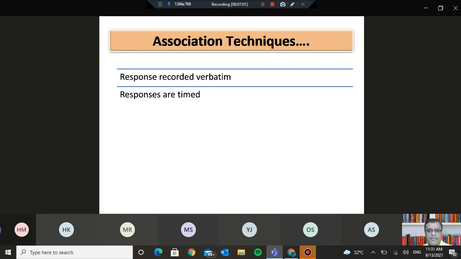Another thing researchers do is note down the time that was required by the subjects to share that single word as a response. For example, when I read out the first word from my list of words, I will note down how much time that respondent took to share the response word. So I'll time that. Why is the timing important?